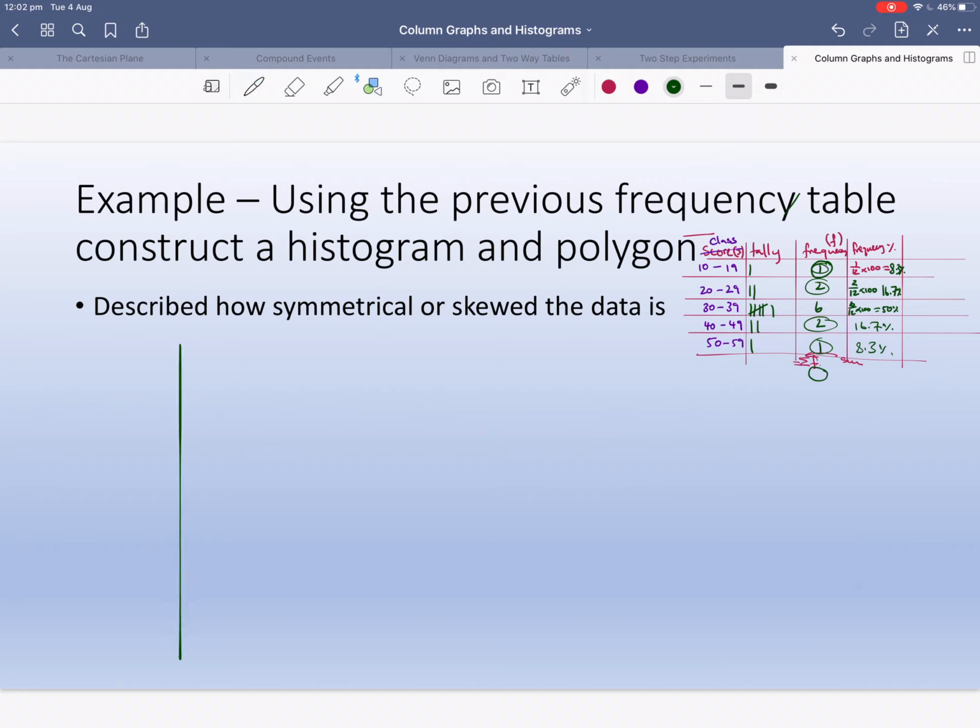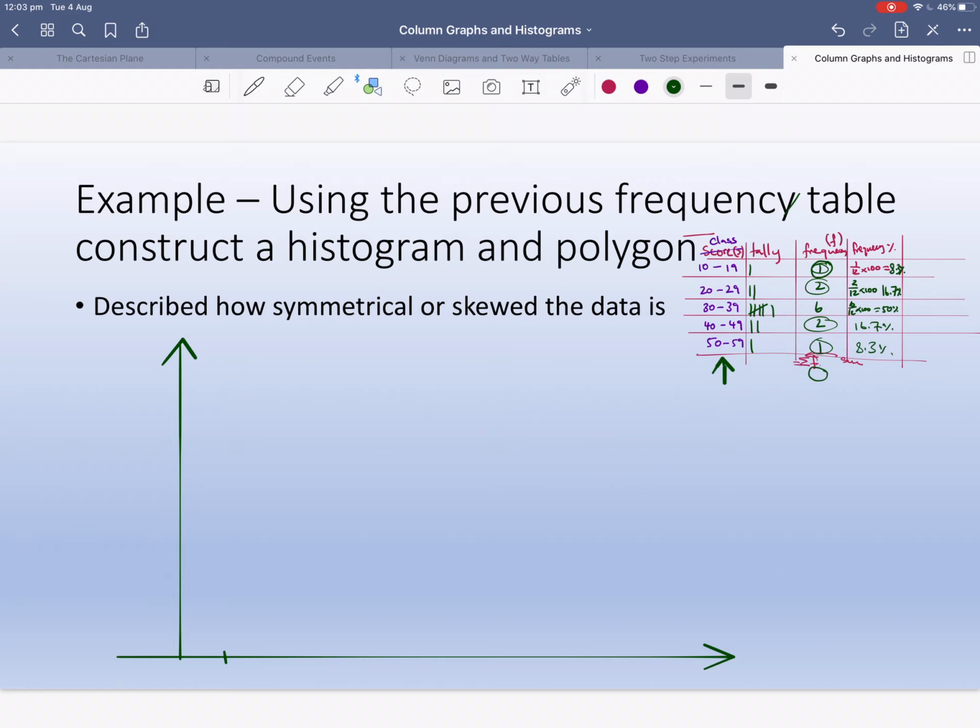So let's go. The first thing we need to do is draw axes. Now, because these are classes, I need to find the class. I've got two options. I can either find the class center, which is the middle number between them, or I can just do the interval. I'll do the interval for now.